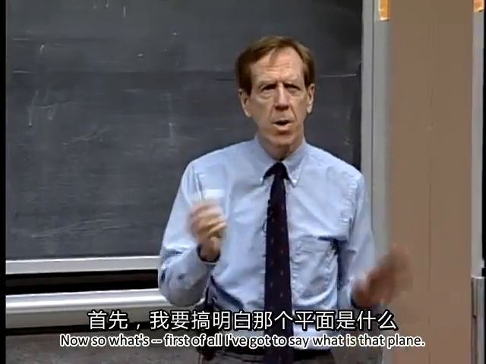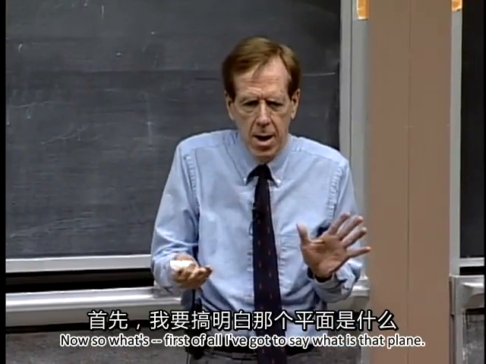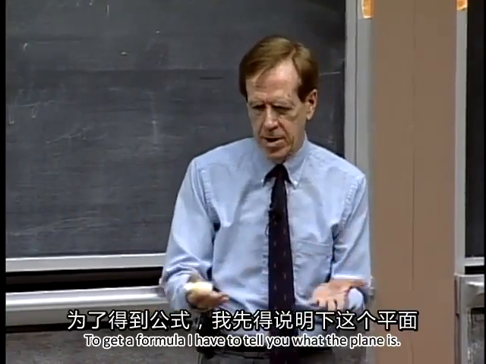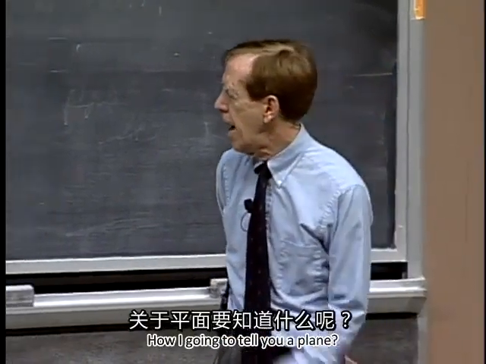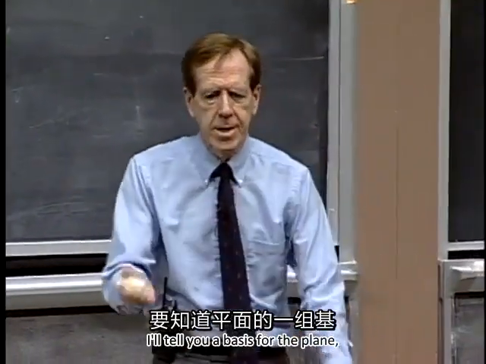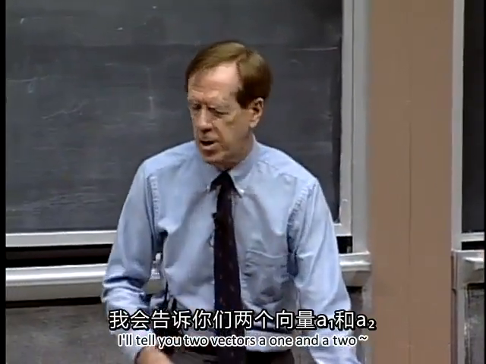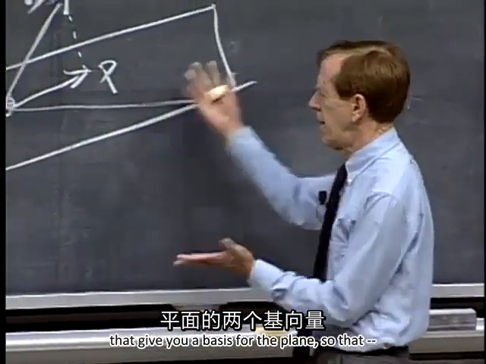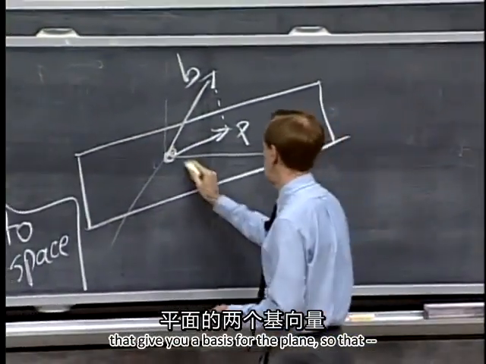Okay, now, first of all, I've got to say, what is that plane? To get a formula, I have to tell you what the plane is. How am I going to tell you a plane? I'll tell you a basis for the plane. I'll tell you 2 vectors, A1 and A2, that give you a basis for the plane.